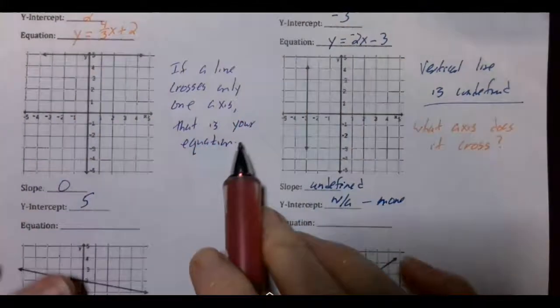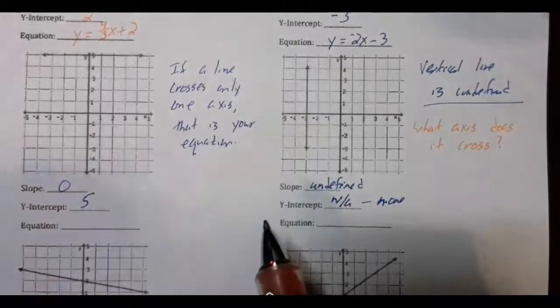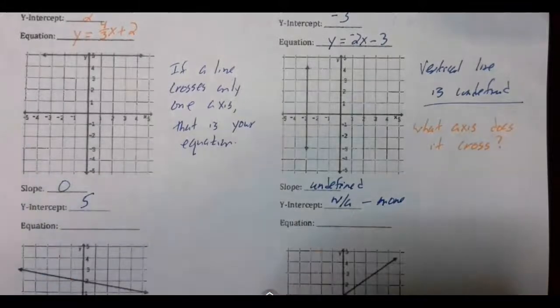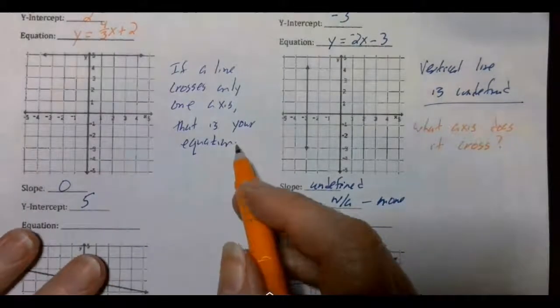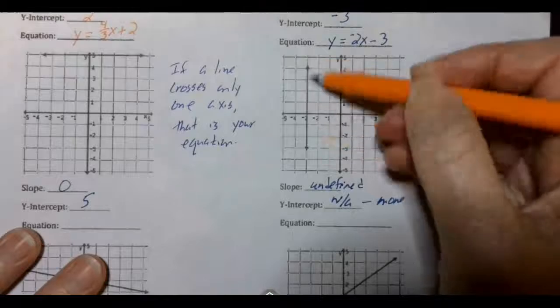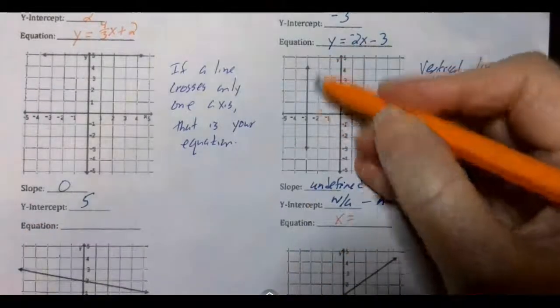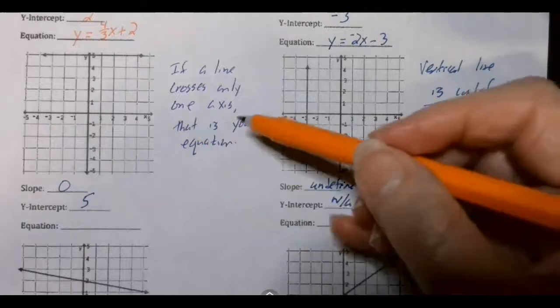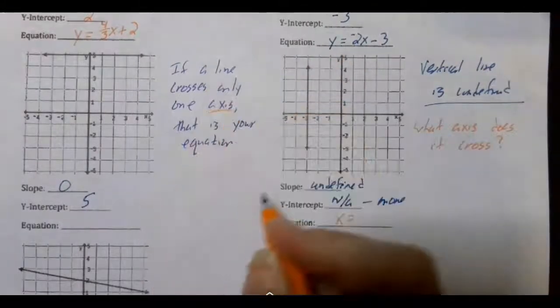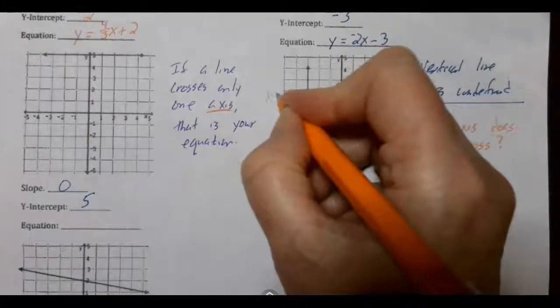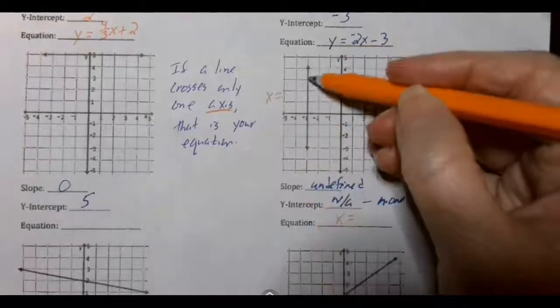So what I'm saying is your equation is, if it crosses only that axis, that is the equation. So let me explain a little bit more. This crosses the x-axis. So my equation is x equals whatever x is. Whatever axis it crosses, that is my equation. The axis. And so here it's going to be x equals whatever number it crosses. Where does it cross?